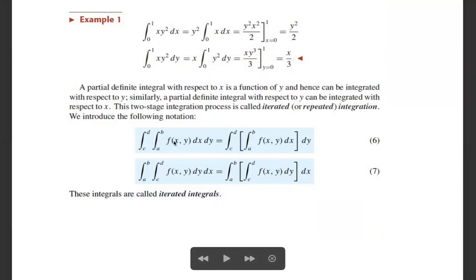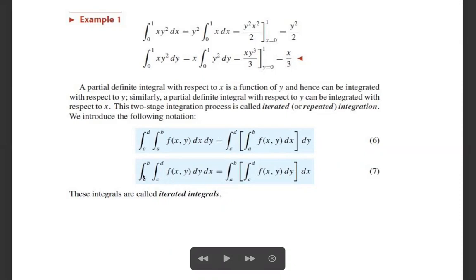If we integrate from a to b, we'll get a function of y. Then we'll integrate that function of y with respect to y from c to d.